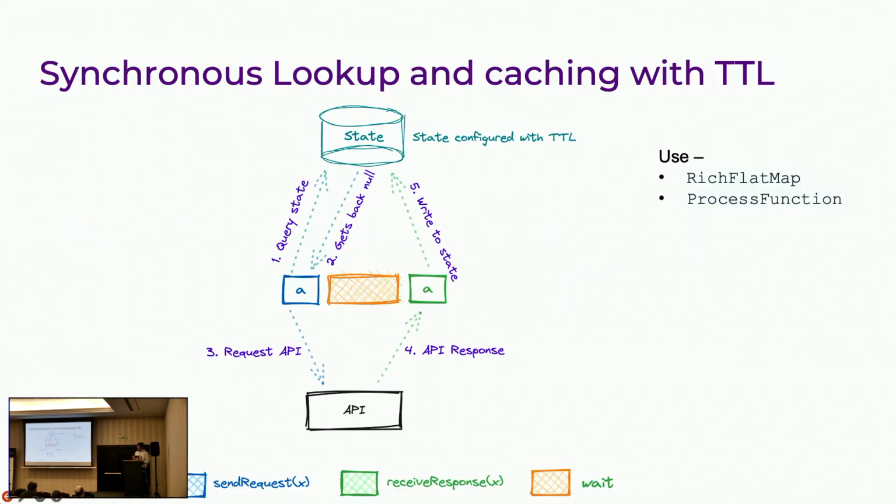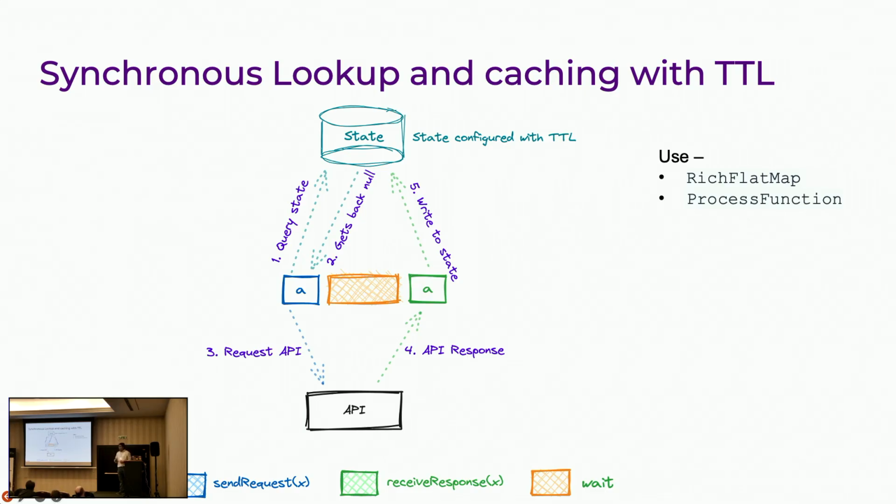What you could do is make a synchronous lookup, a blocking call, and cache the data in the Flink state, giving a TTL in the Flink state. It is exactly similar to the pattern we talked about, partition caching of data in the Flink state, with the additional TTL configuration over here. So what happened? The first event that comes in makes a query to the state.